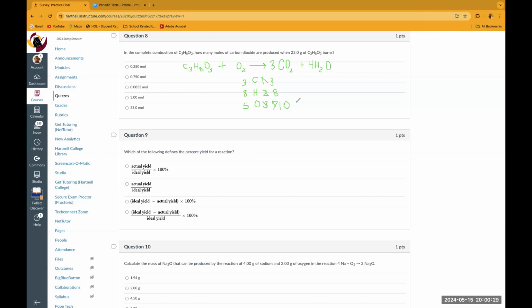Two on the oxygen. Would that be enough? No, so you kind of get stuck here, because you can't really multiply that coefficient by a whole number.